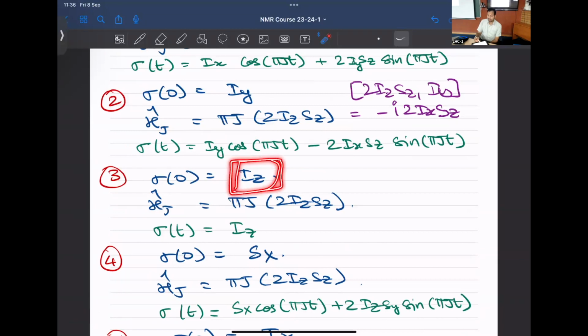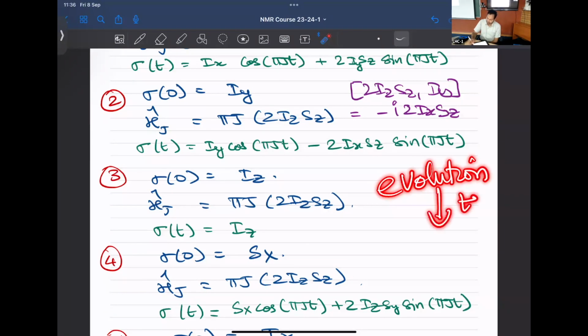This is something called longitudinal order. This is more like, how does a polarization evolve with scalar coupling? So if I ask you, does polarization evolve with scalar coupling, what will be your answer? Yes or no? Okay, maybe the definition of evolution is unclear. Evolution means after something happens as a function of time, the time should be a part of the answer.